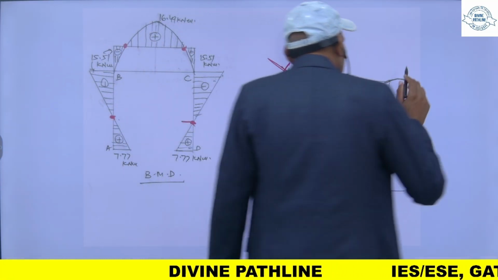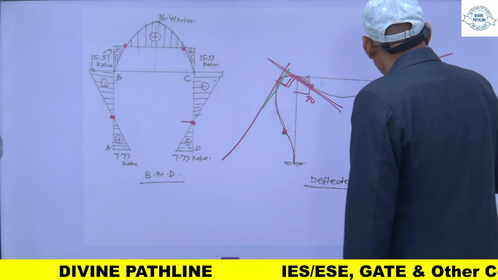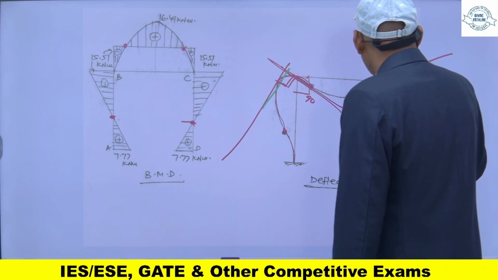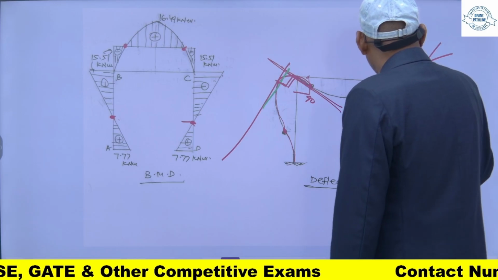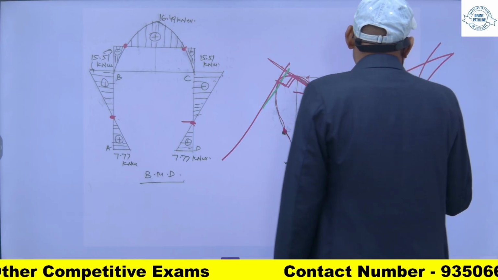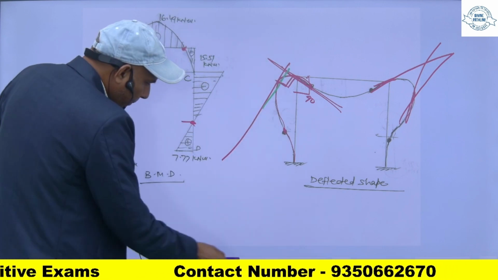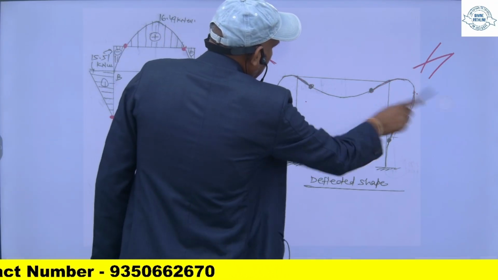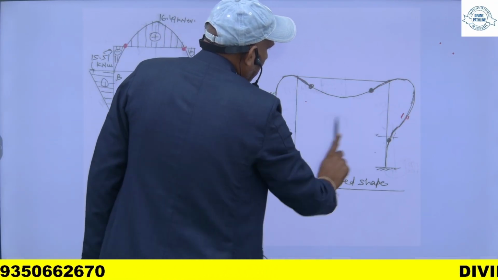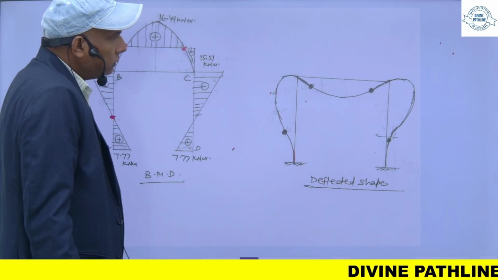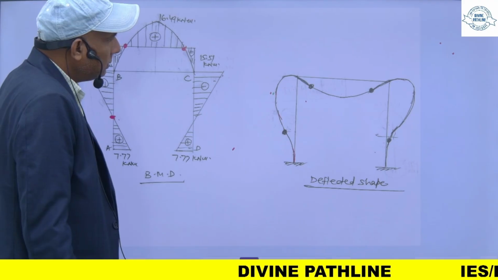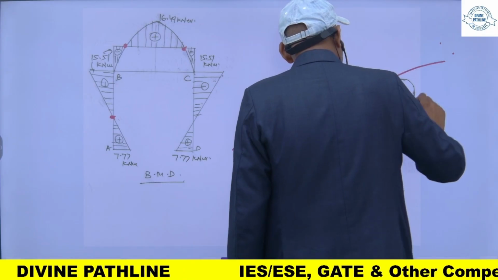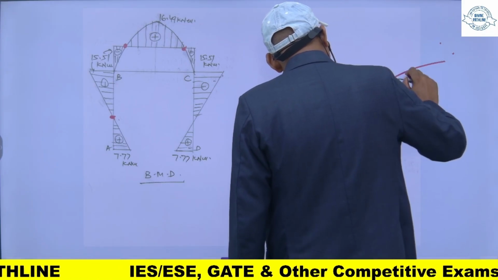Similarly, यहाँ पर भी अगर मैं ये टेंजेंट ड्रॉ करूंगा और यहाँ पर जो टेंजेंट ड्रॉ करूंगा, it will be like this, and this member will basically meet like this.